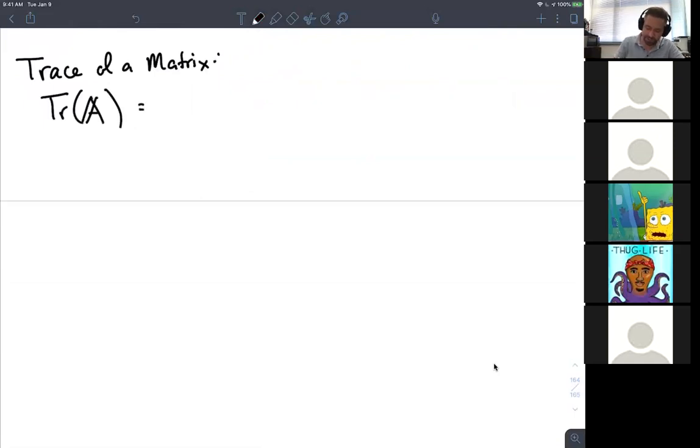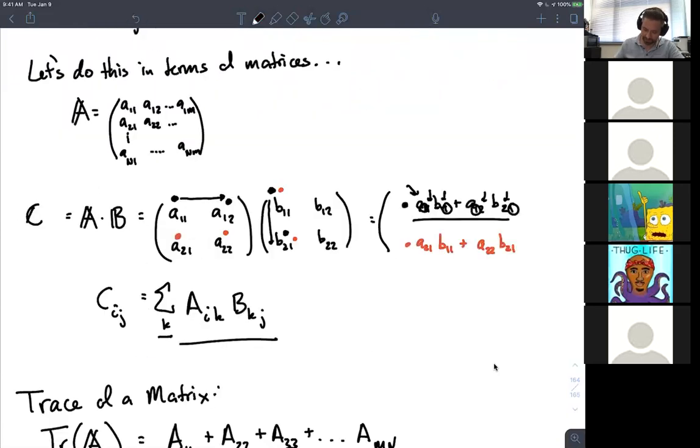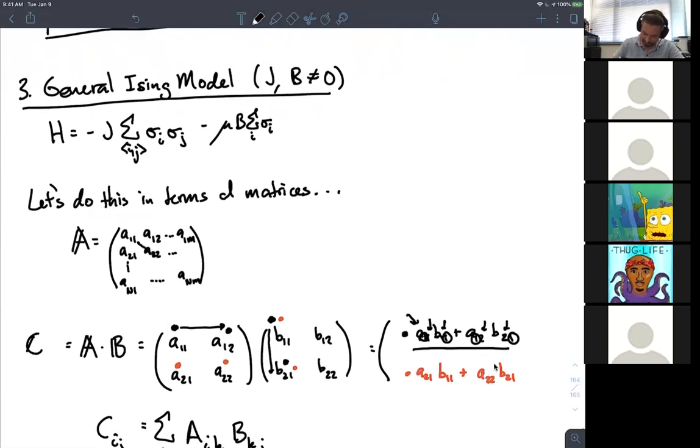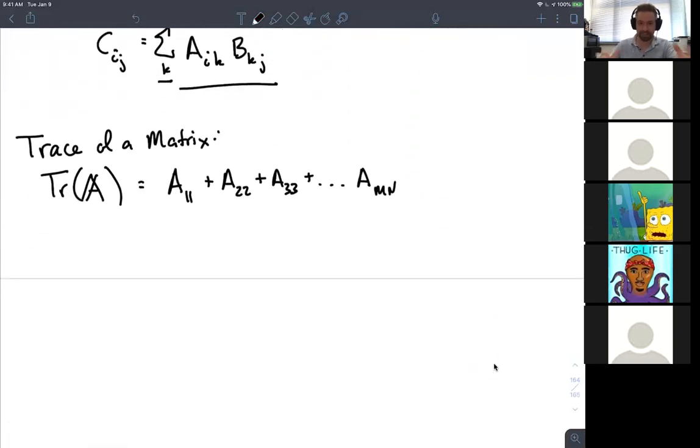In other words, this is just A11 plus A22 plus A33 plus and so on down to AMN. All I'm doing is summing all the elements along the diagonal. That's the definition of a trace. It's just the sum along the diagonal. All right, everybody good?